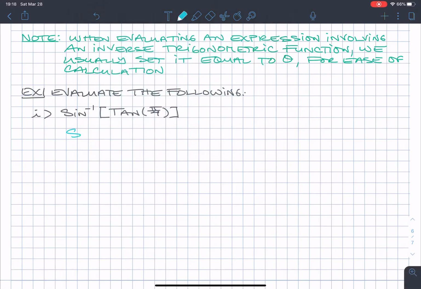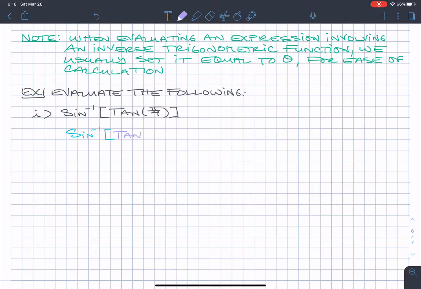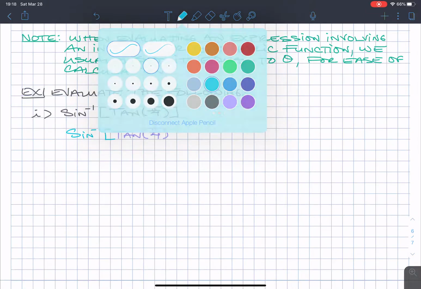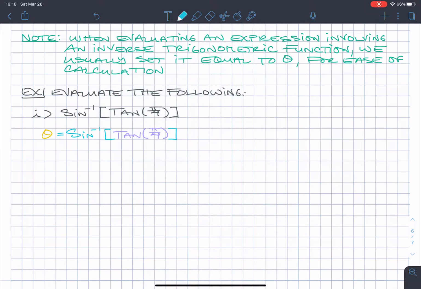What I'd like to do is call this inverse sine theta. So I get that theta is equal to inverse sine of, well, what is tangent of pi over 4? Well, both sine and cosine are the same, so it's 1.